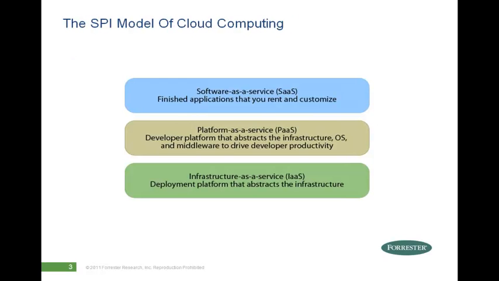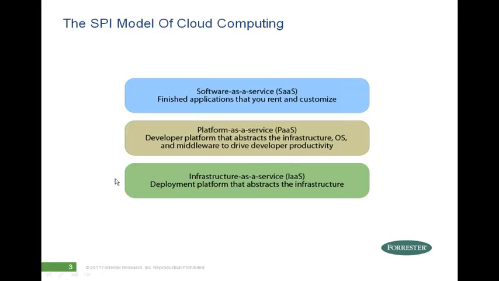This chart shows Forrester's SPI model of cloud computing, and it just breaks down at a very high level what the different major categories are. At the top, you see software as a service, which are finished applications that you can rent and customize. Platform as a service, which are developer platforms that abstract infrastructure, operating system, and middleware to drive developer productivity.